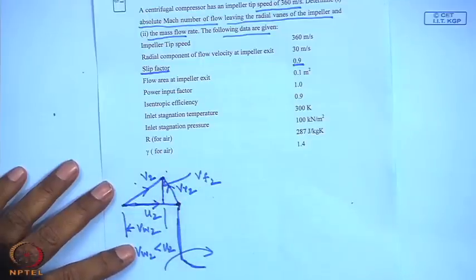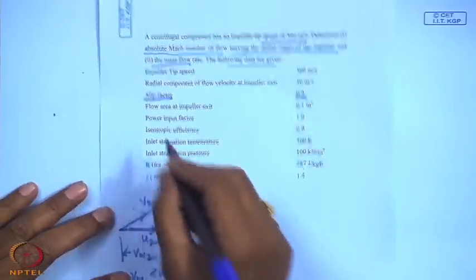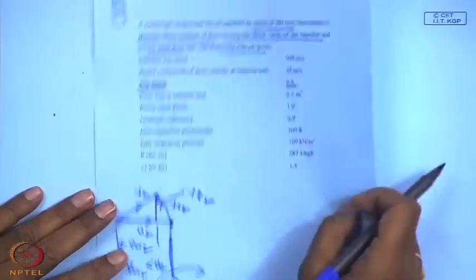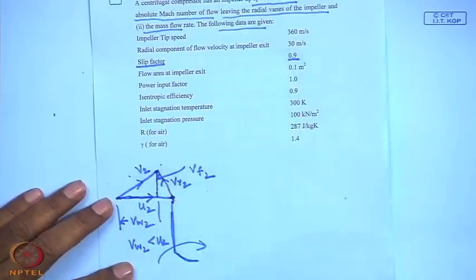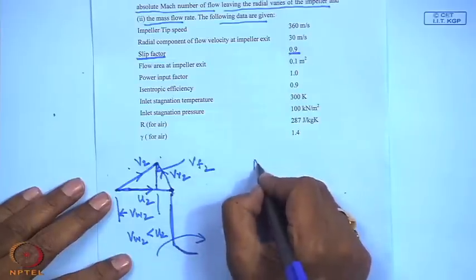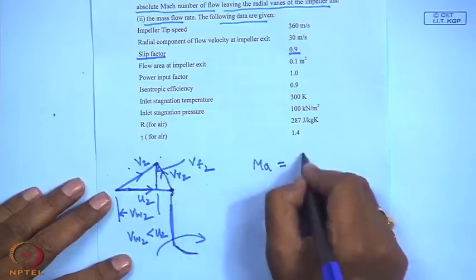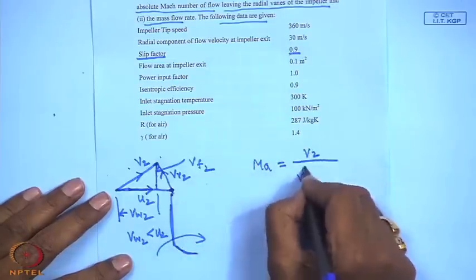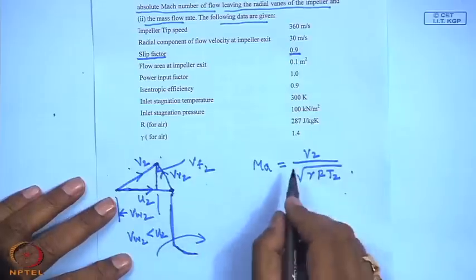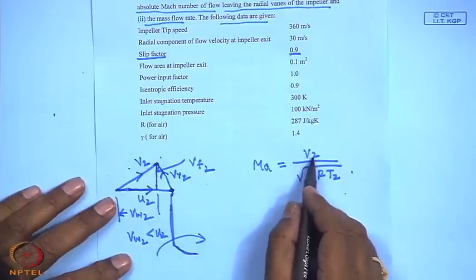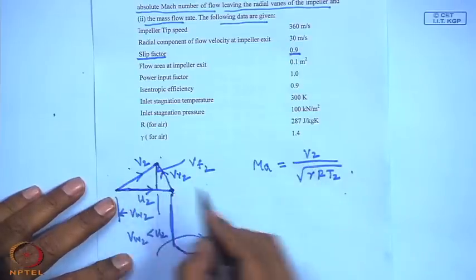Now what I will do? I will write what has to be found out. It has to be found out the Mach number based on absolute velocity at the outlet of the impeller. So therefore I have to find out Mach number V2 by root over gamma R T2. Now how to find out V2? V2 is the absolute velocity.